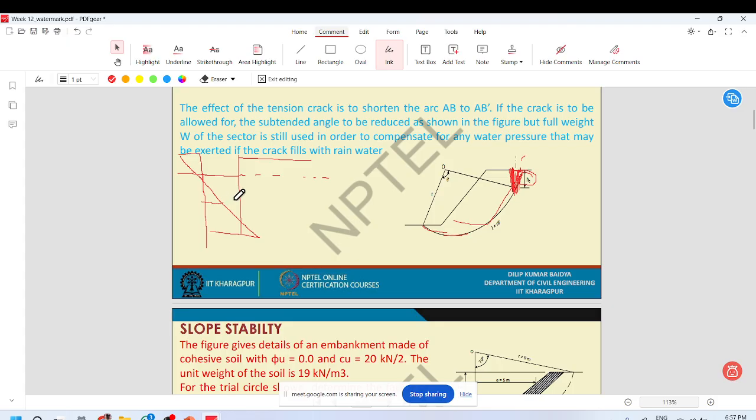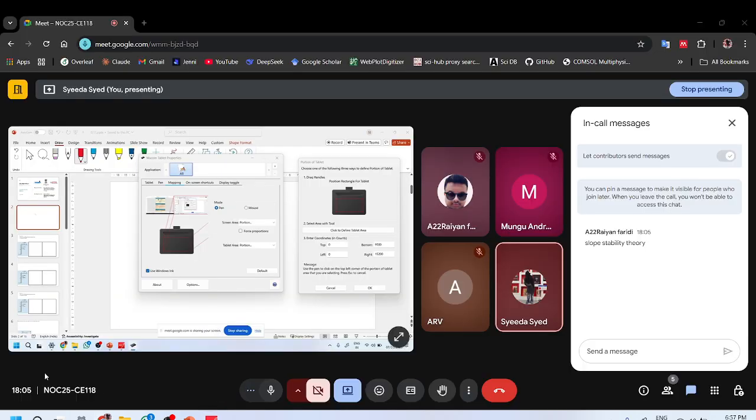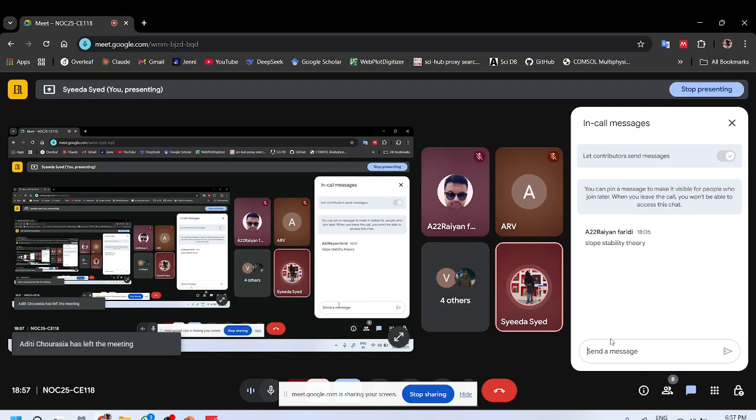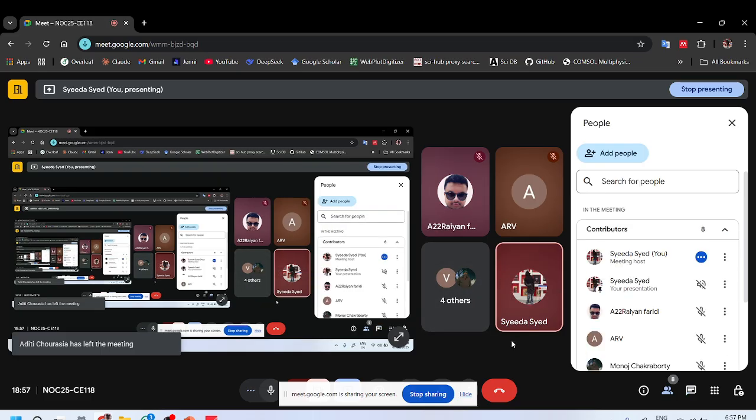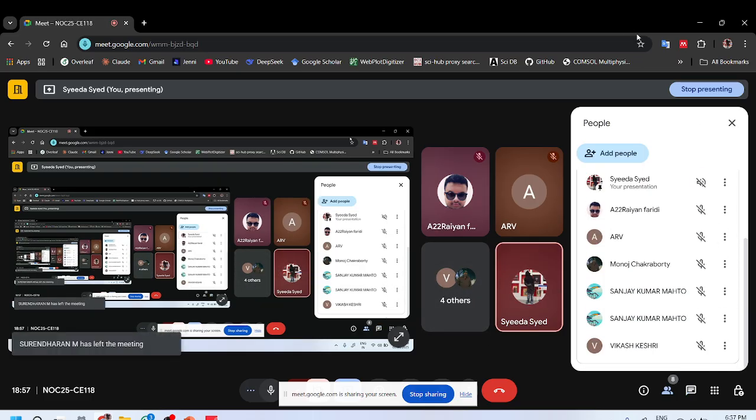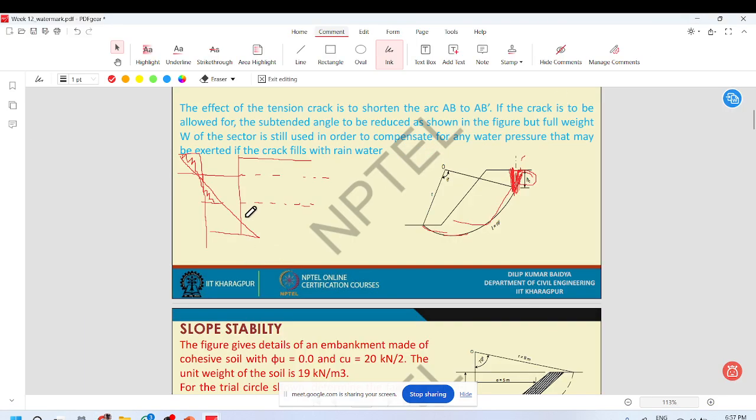Up till this height, because these are balancing each other out, you can have an unretained slope, and this is the same height, the HCR critical height here.